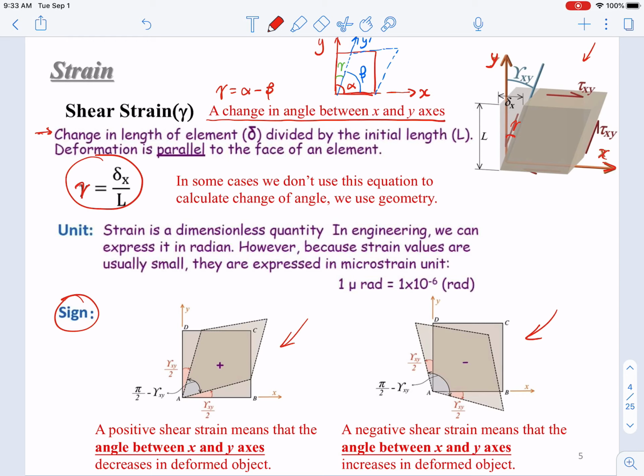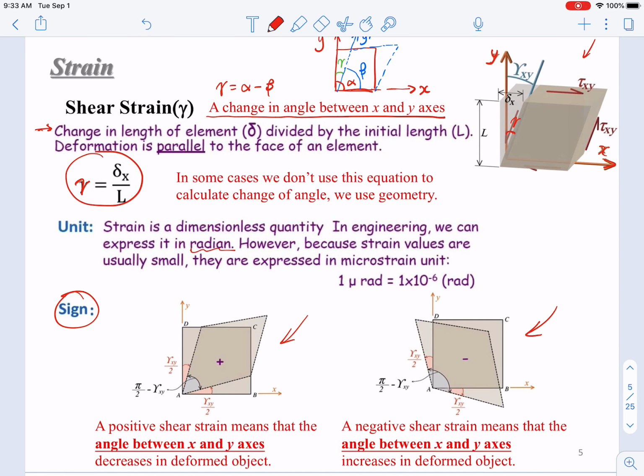About the unit, the shear strain is also a dimensionless, unitless quantity. In engineering, we can express it in radian. Okay, we use radian as a unitless unit for shear strain. But normally these values are very small, so we may use micro strain, micro radian.